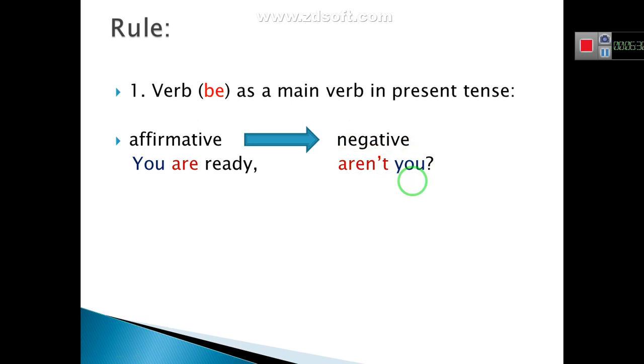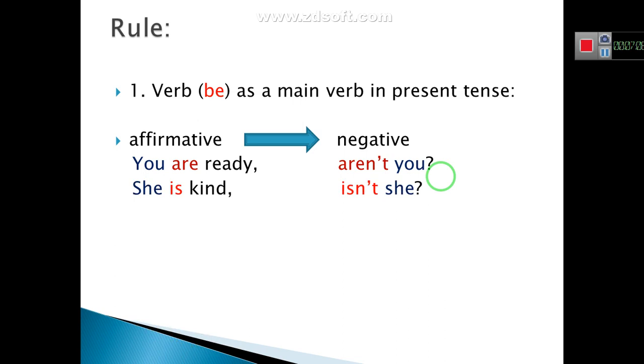I don't have to use names for question tags. I have to change it to a subject pronoun. For example, instead of you, I'm gonna change to Rula. Rula is ready. When I want to write a question tag, I have to say, isn't she? Or Hiba and Hadil are ready. I have to say, aren't they? They refers to Hiba and Hadil.